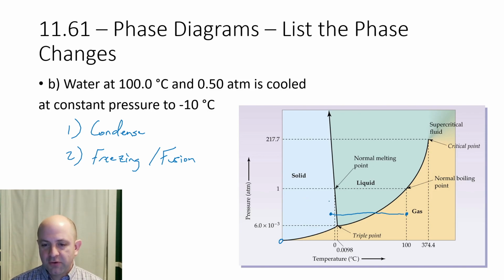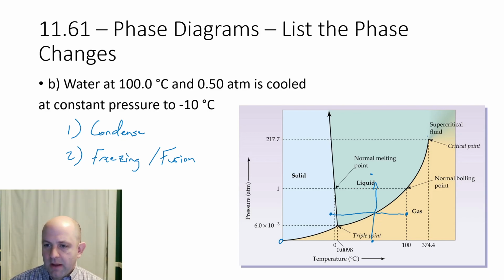If we were doing a vertical one, if it said the temperature starts here at 50 Celsius, and then you go up to, say, 50 atm, so up to about here, we'd say, okay, we start at gas, we cross the line to liquid. Or if we start here at some low pressure, then again we will condense from a gas to a liquid.